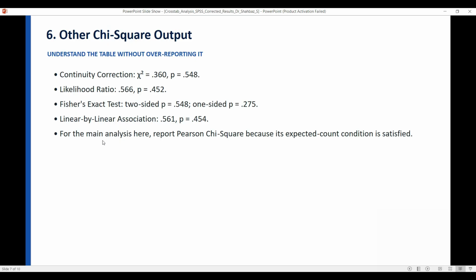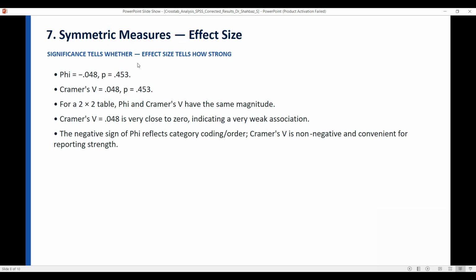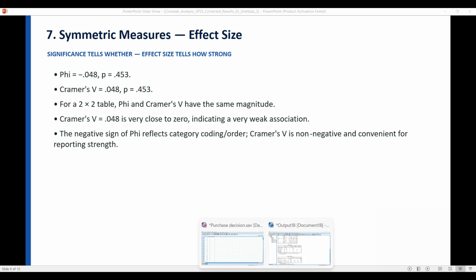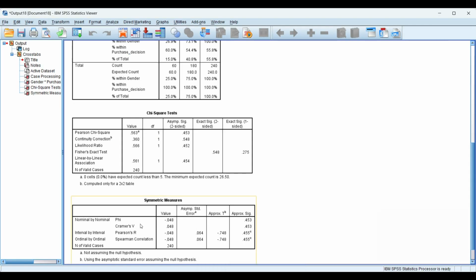On the other hand, we can see the phi value is minus 0.048, but the p value is again higher than 0.05. You can find the phi and Cramer's V values here under symmetric measures.